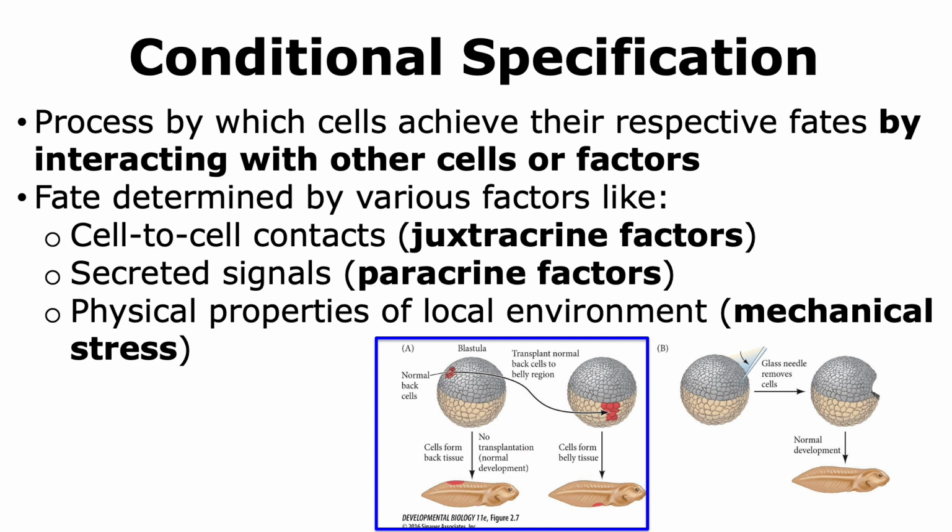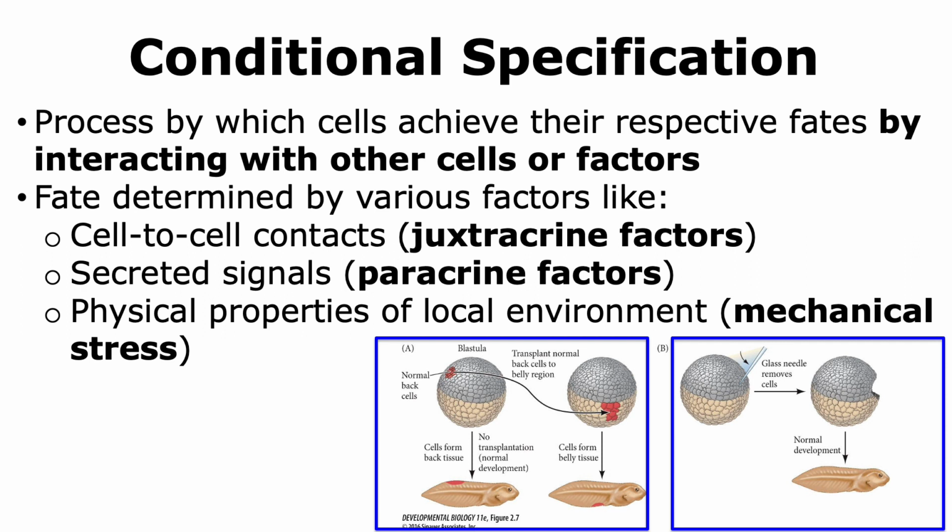So, if cells that were supposed to form back tissues were transplanted to the part where a belly is supposed to form, those cells go ahead and form a belly because that is the cue that they are getting from their neighboring cells.